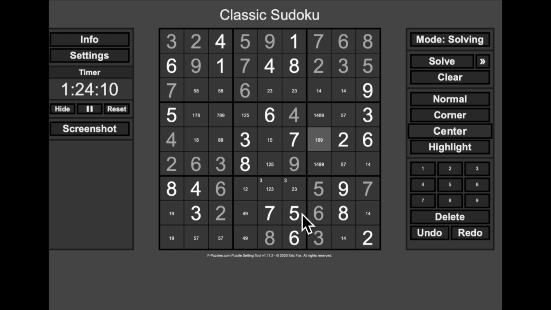Okay. 1, 5, 7, 8 still possible here in row 5. It can still be 1, 5. These are definitely 1 or 4. See, these are 5, 7. That's all I can do there.